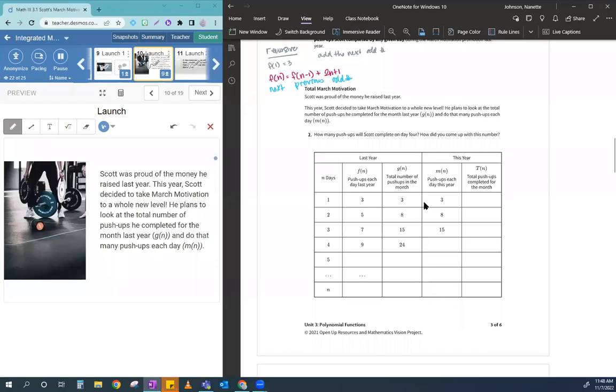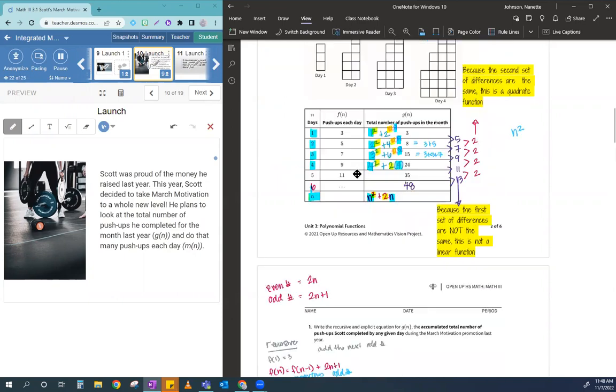Then here he's doing total 3, then 8, then 15, 24, and so on. And then here this year he's actually doing a day, which if you look, we already have this.